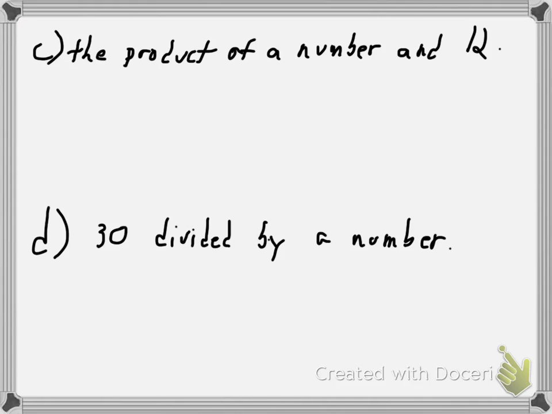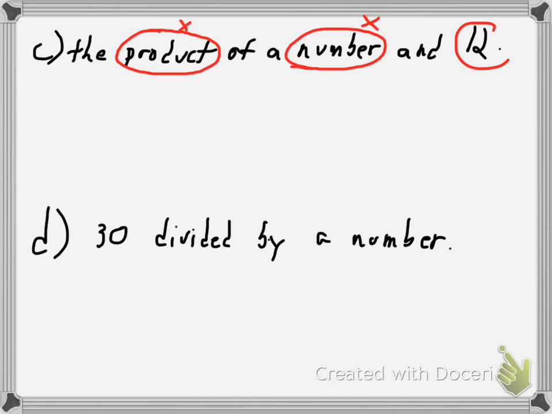Let's take a look at our next example, example C. The product of a number and 12. I'm going to go through and find my keywords. So product, multiplication, of a number. So there's my variable. Let's use x. And then I see the number 12.